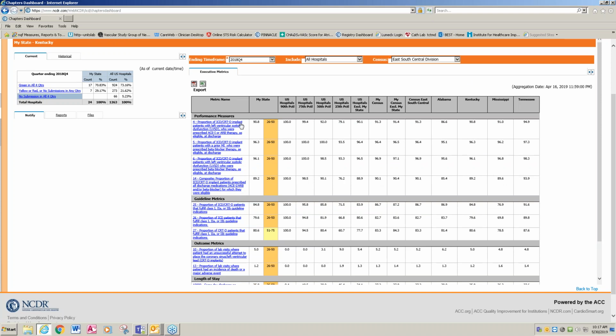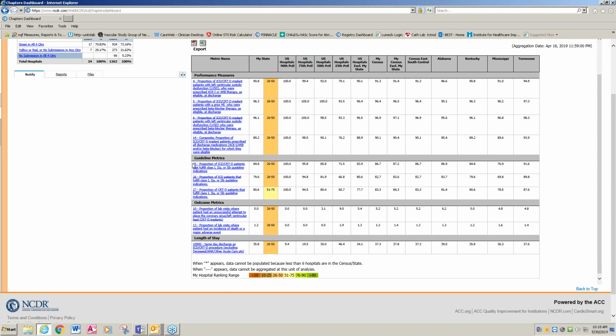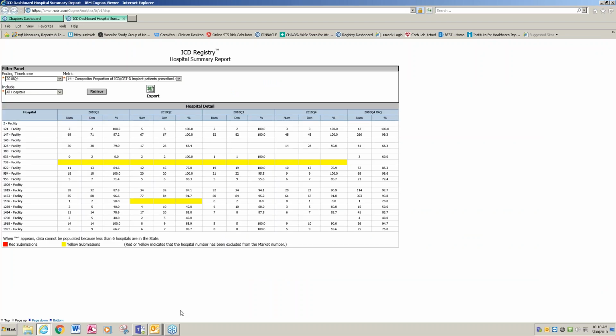The same decision was made to focus on medications at discharge, since this is a very important and presumably fixable metric. So this is the drill down for Quarter 4, 2018 for the ICD registry.